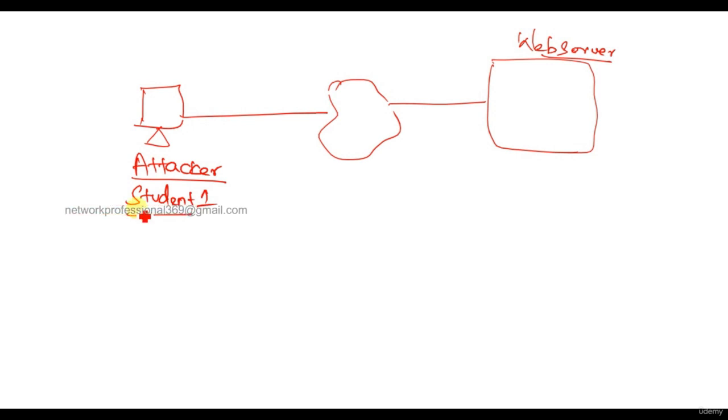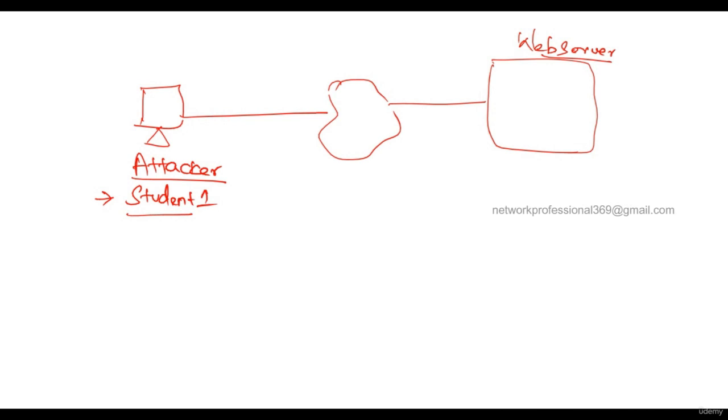And he is authorized to see only his information, right? If he is seeing the profile information, he is authorized to see only the information that belongs to student one, to which he is enrolled. But what he will do is manipulate the parameter of that URL and retrieve other students' information or other users' information as well.